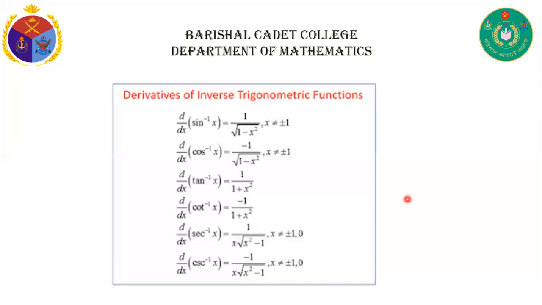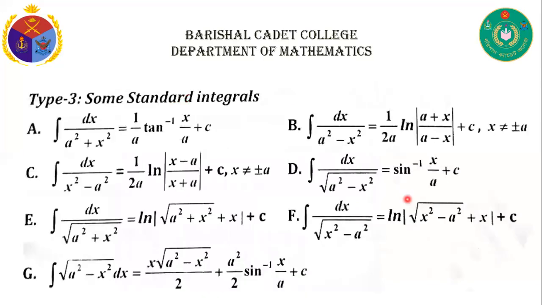Now, using these formulas we are going to build up some new formulas, that is in your textbook, type three. Actually I give you type by type questions and solve. Now here, the integral of dx by a square plus x square equals 1 by a tan inverse x by a.